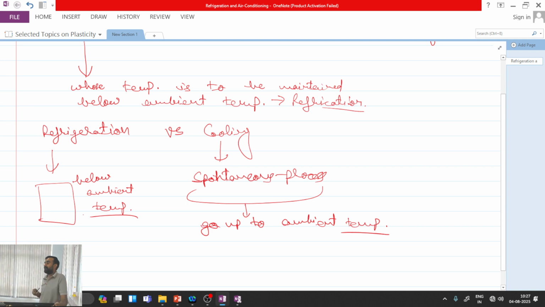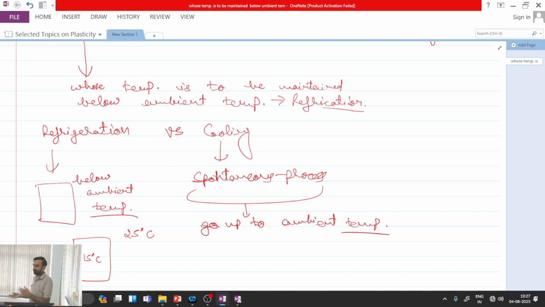Another important point is, if you have to maintain something below ambient temperature, what does it mean? For example, this is the room. If this room is at 15 degrees Celsius and the outside ambient temperature is 25 degrees Celsius, what will happen? What is the spontaneous process? You all have studied heat transfer.